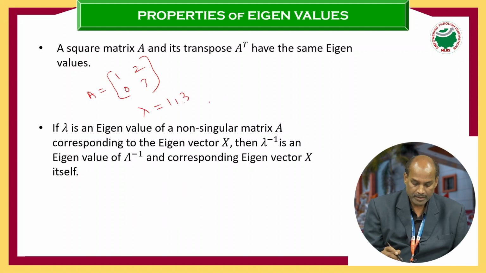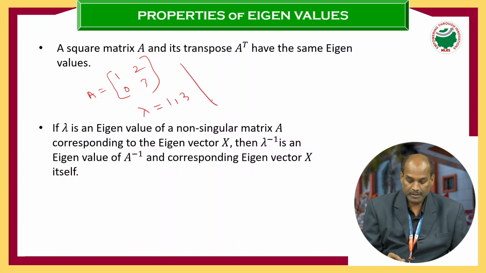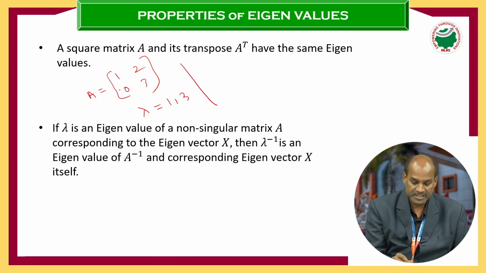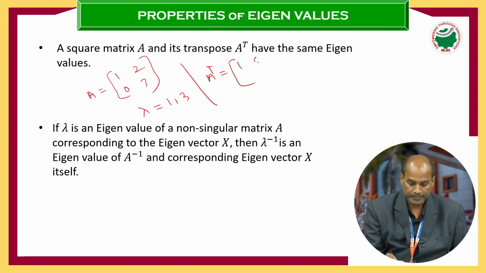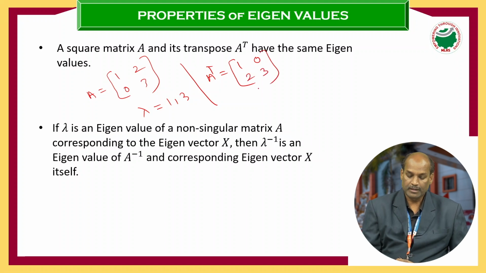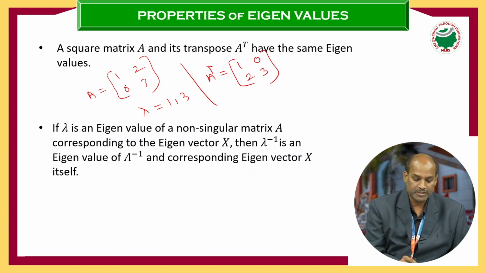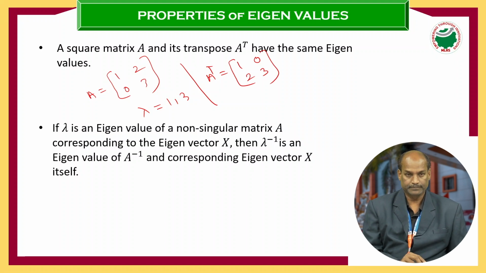Now what happened? Here A transpose. If it is A, then what is A transpose? For A transpose, just interchange the rows and columns. We will get 1, 0 and second row 2, 3. So this 1, 0, 2, 3 is the transpose of 1, 2, 0, 3.